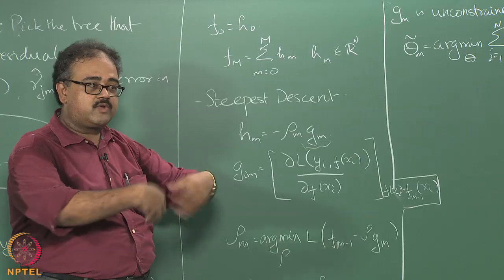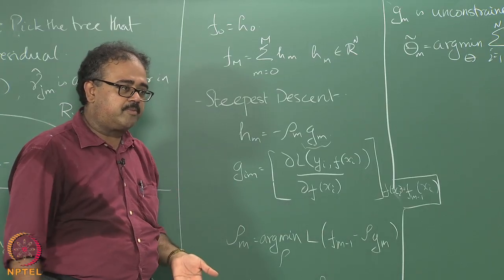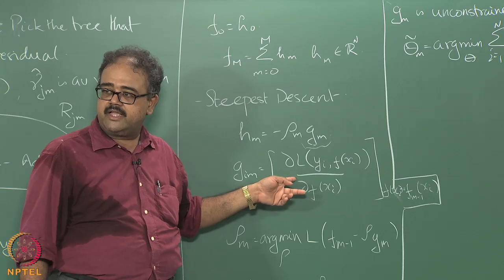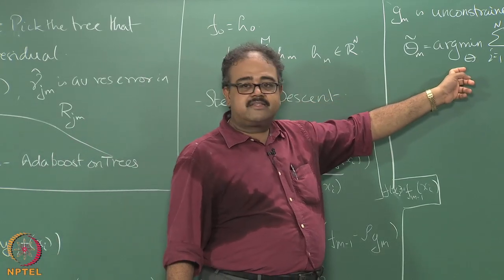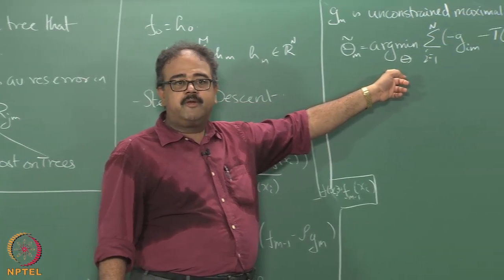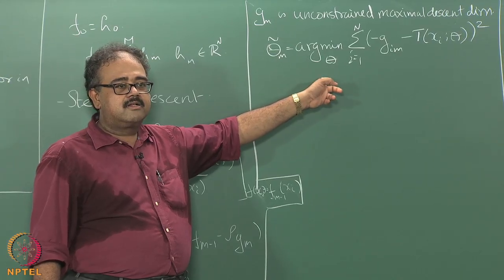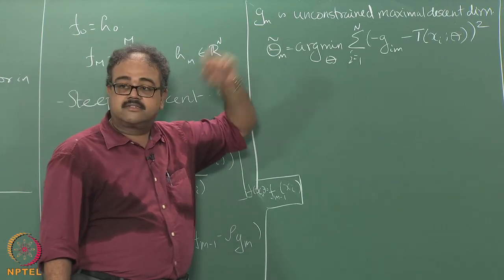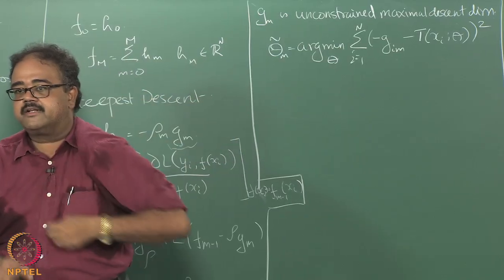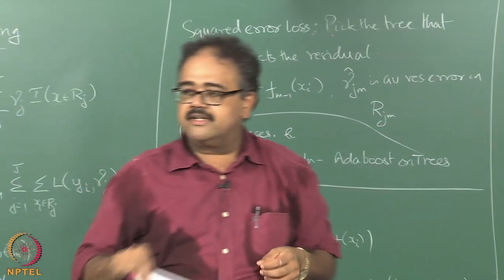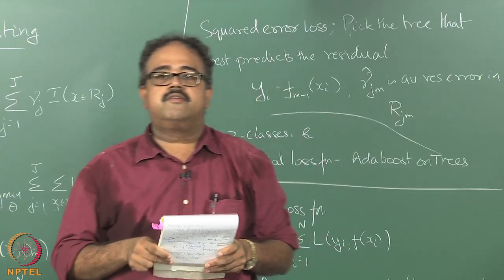For actually solving the problem, I could be using a different loss function here, but when I am building the mth stage decision tree, all I will be doing is regression, because all I need to predict is what is that particular gradient descent direction for that input value xi.